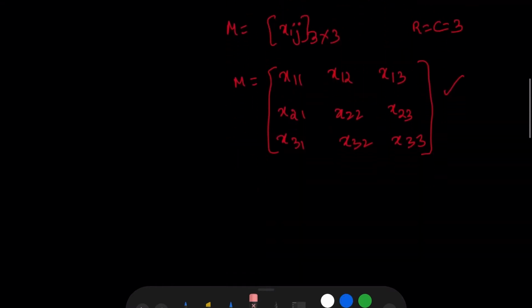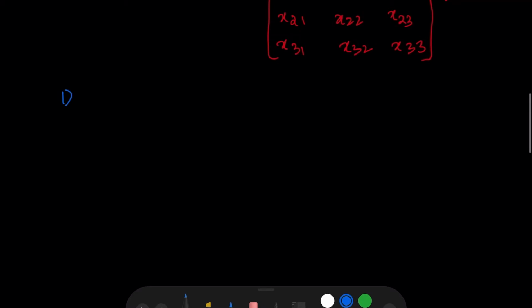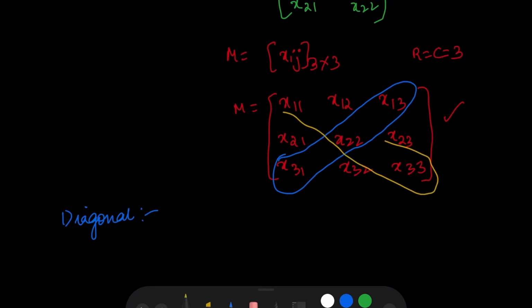Right. So now let us understand the concept of a diagonal. So what is a diagonal? Let us take this matrix. In this matrix M, two different types of diagonals are possible. The first one is this one, and the second type of diagonal will be this one.